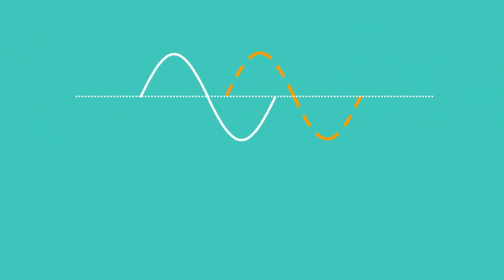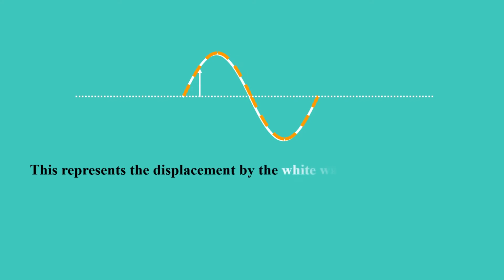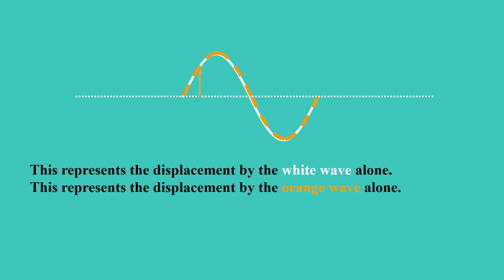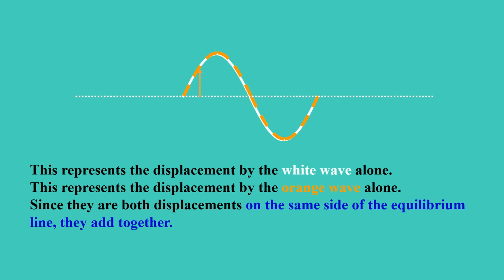We have here a white wave that meets with an orange wave that are in phase with each other. So this represents the displacement by the white wave alone, while this one represents the displacement by the orange wave alone. Since they are both displacements on the same side of the equilibrium line, they add together.